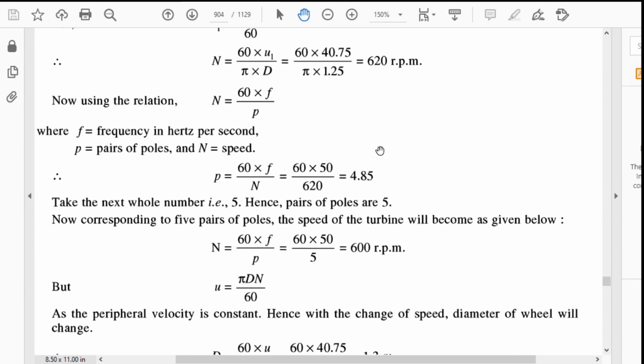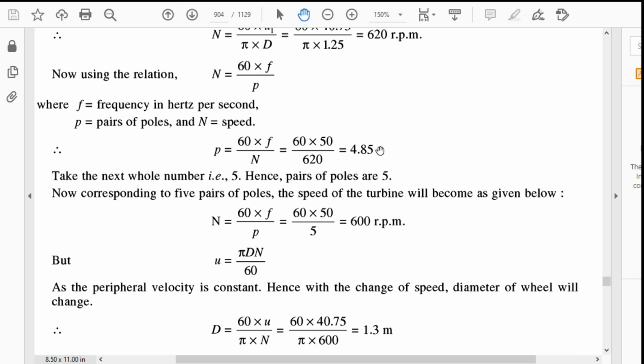Now by using the relation of frequency and speed, the relation is speed equals 60 f divided by p. Here f is nothing but the frequency in hertz, and p is the pair of poles, and n is speed.